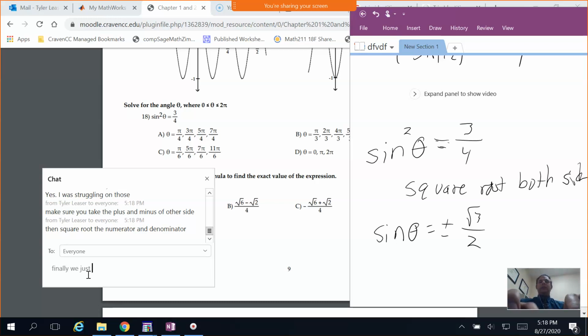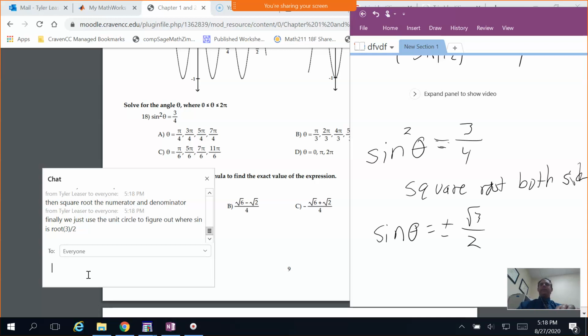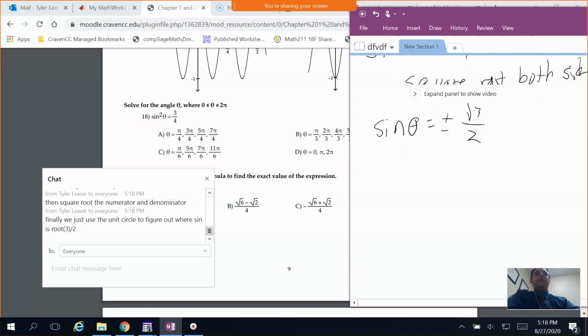Finally, we just use the unit circle to figure out where sine is root 3/2. So sine is plus or minus root 3/2 at pi over 3.